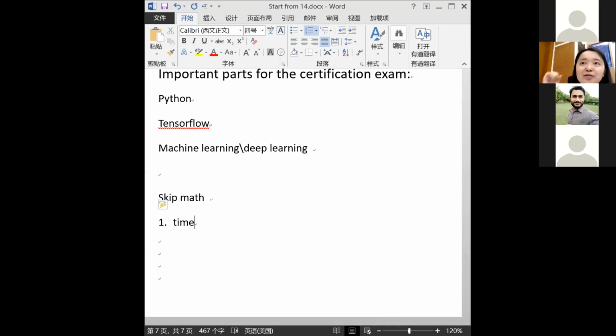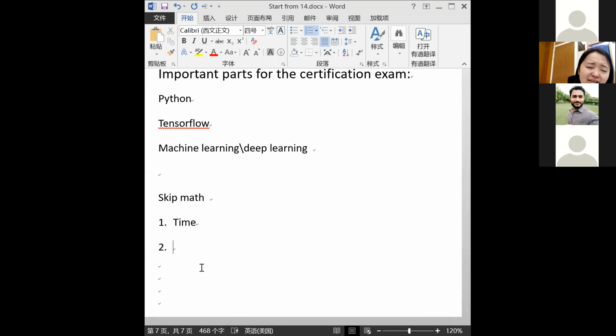And the second reason is that if we talk about math, we talk about linear algebra, eigen decomposition, eigenvectors, and these equations, and it will be very, very boring.